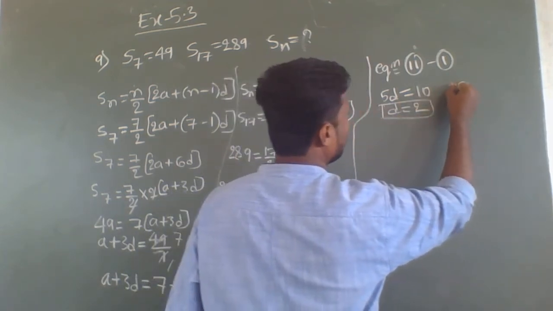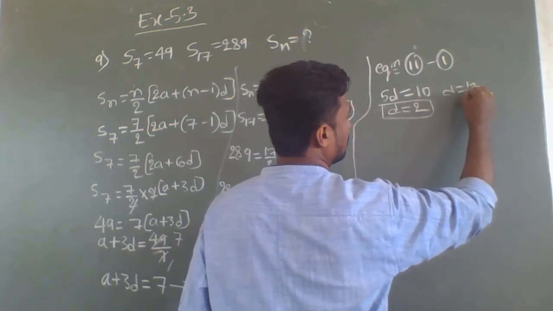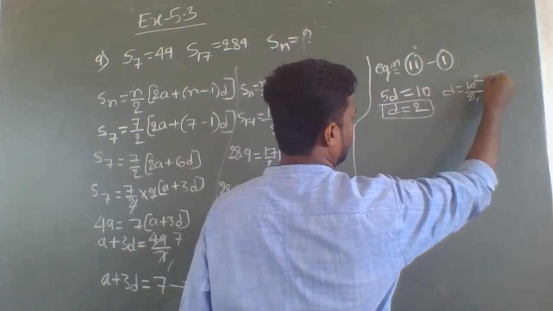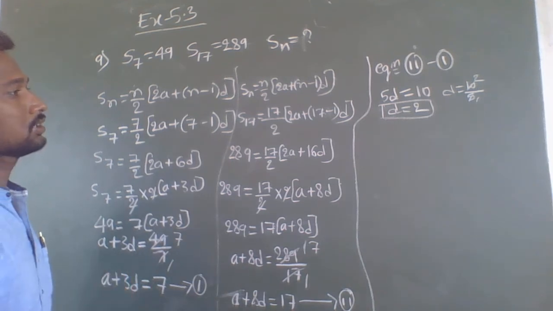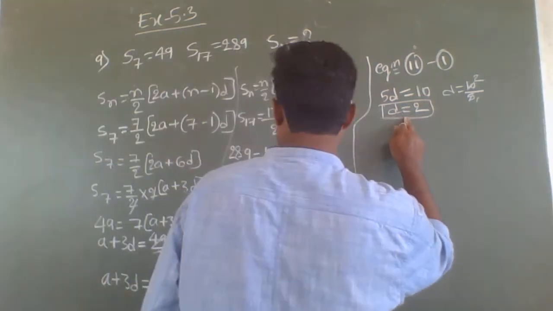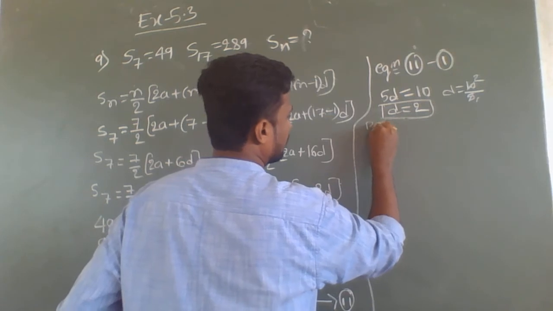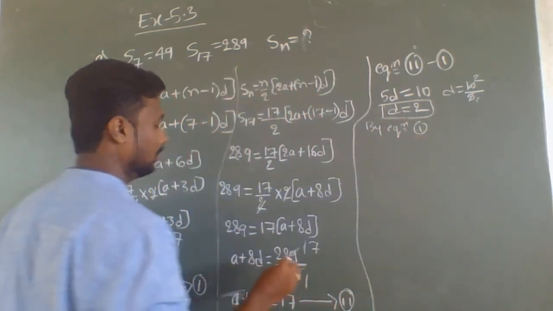To get the d value, I will move this 5 to the other side, so it becomes division. Therefore 10 by 5 is 2. Therefore, the d value is 2. Okay. So now by using this d value, I can calculate the a value also. How? I will fill this d value in equation 1. By equation 1, what can I do?